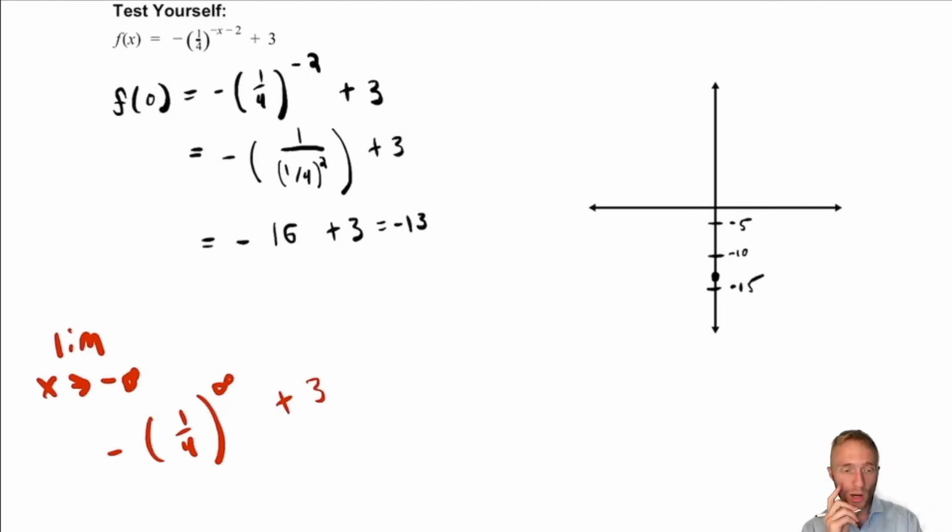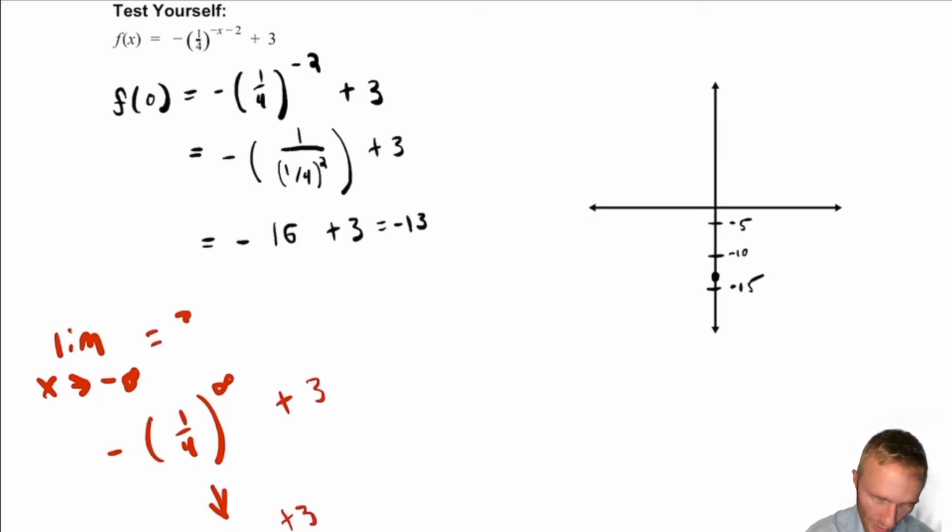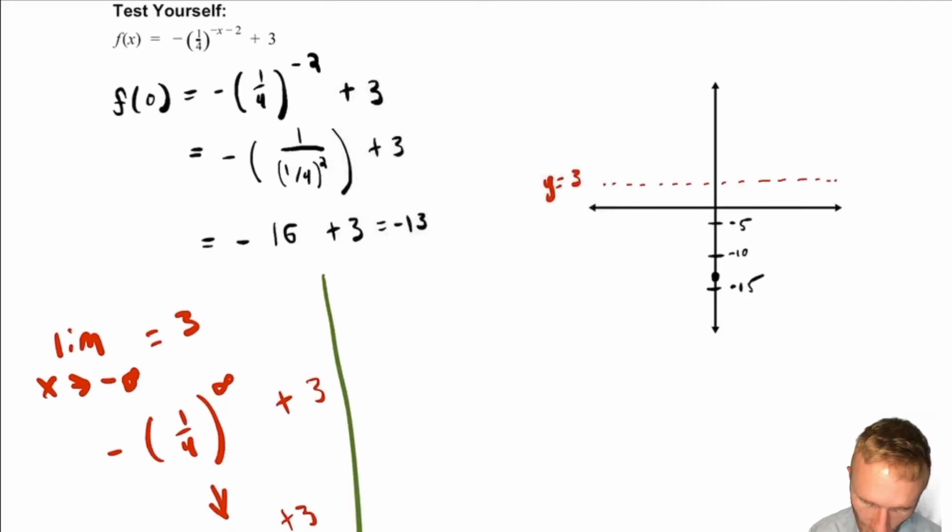A fraction to infinity, like less than 1, 1/4 times 1/4 times 1/4 times 1/4, in this case, this is heading towards 0. 0 plus 3. The limit as x heads towards negative infinity is in fact positive 3. So we'll do a line here, the line y equals 3.